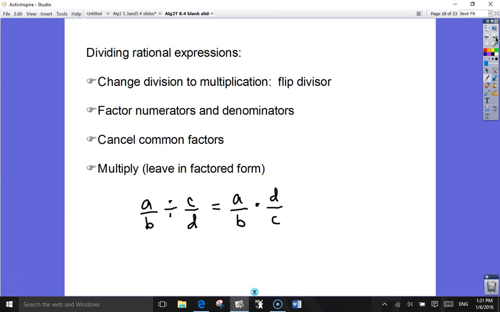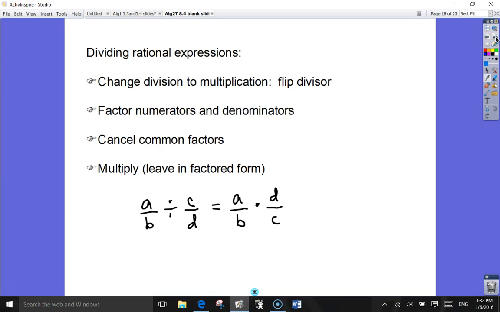A over B divided by C over D is A over B times D over C. Take this and flip it. Don't change the first fraction, just change the second fraction. At that point, you've turned it into a multiplication problem, and we already have steps for that. These are the same steps we use for multiplication. So change division problems into multiplication problems.